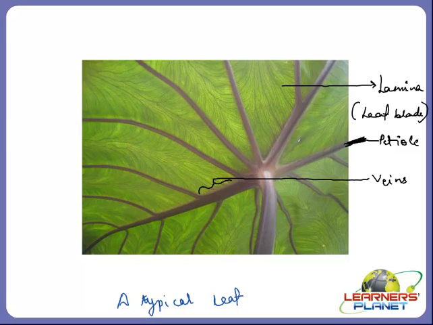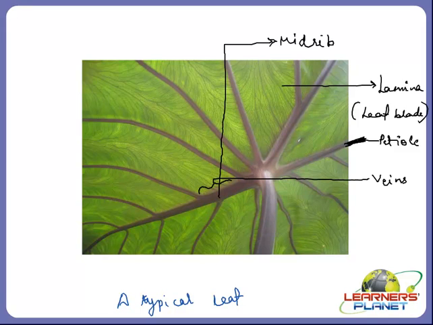And then comes the midrib. Now here you can see a continuation of a petiole. This is the continuation line of the petiole, and it is the central vein, the main vein of the leaf, from which the smaller veins grow. So what we call this as? This is called as midrib, right?